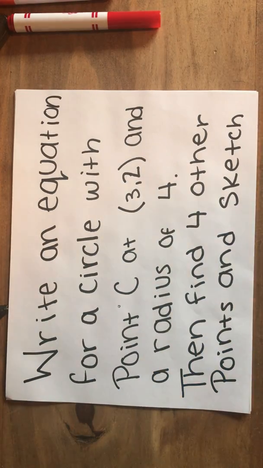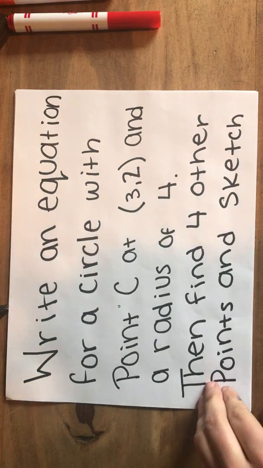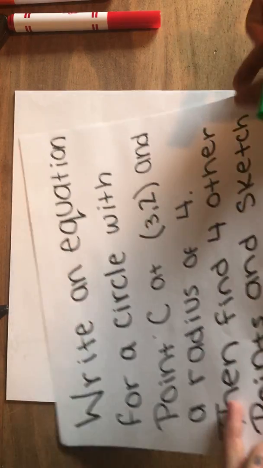Now moving on, we have another example. Write an equation for a circle with the point C at 3, 2 and a radius of 4. Then find 4 other points and sketch the circle. So first, we're going to write our formula.